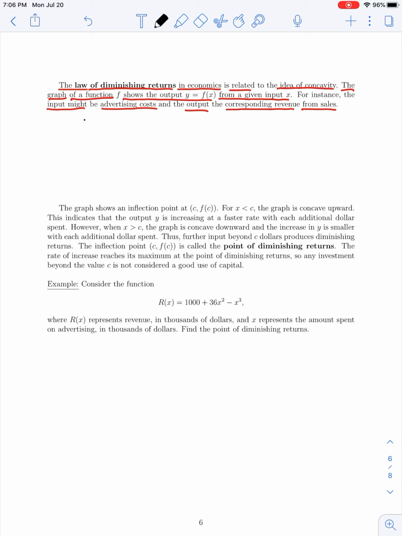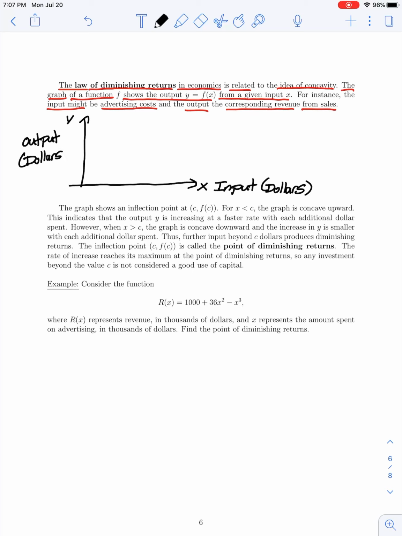So to illustrate this idea, suppose that we have the graph of a function in the xy plane, where our x-axis is the input, maybe advertising costs, say in dollars, and the y-axis would be our output, maybe revenue from sales, also measured in dollars, or could be, say, millions or thousands of dollars. And we might have a curve that looks something like this.